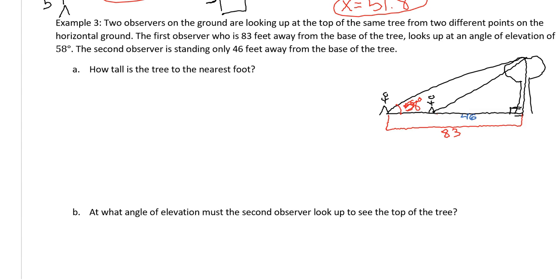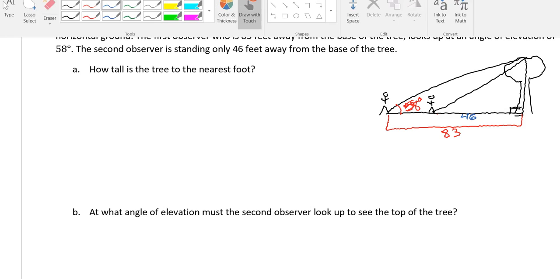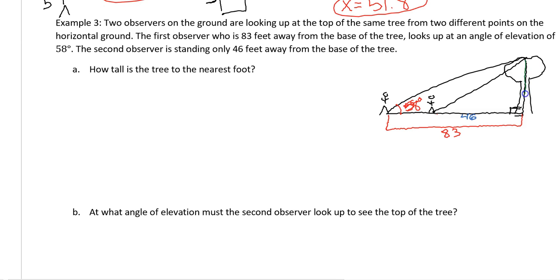The first thing I'm going to do is find out how tall the tree is to the nearest foot. So I'm solving for the height of the tree, which is over here, so that's x. I have an angle and this length here, so I'm going to use this bigger triangle.